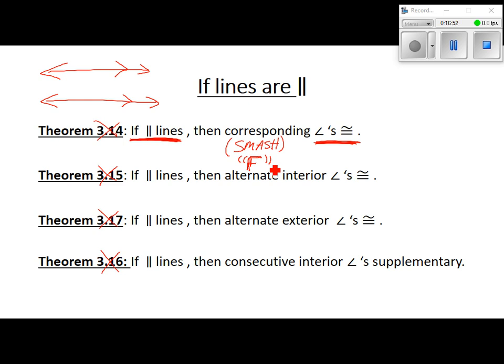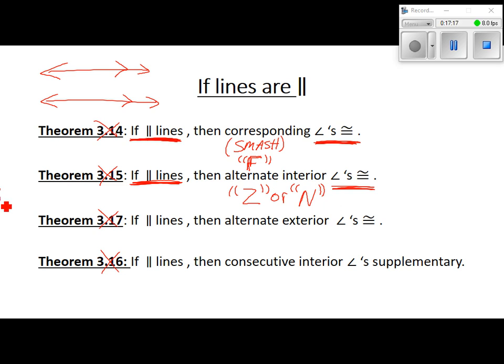The second one, again, all these start with if you have parallel lines. So if parallel lines, then alternate interior angles must be congruent. The alternate interior angles form like a Z or an N. When you trace both of them, they have to be congruent to each other.